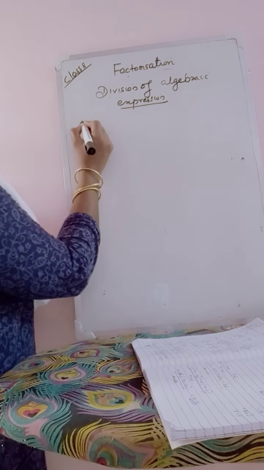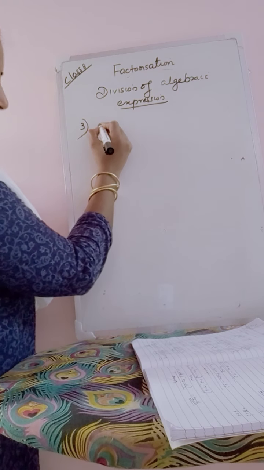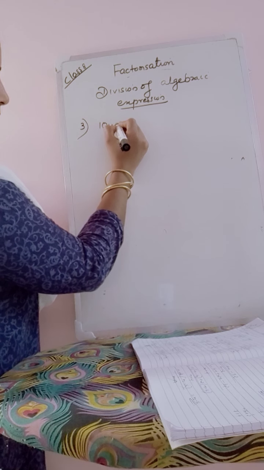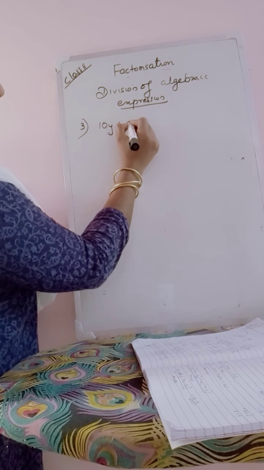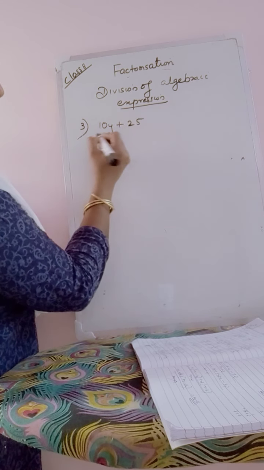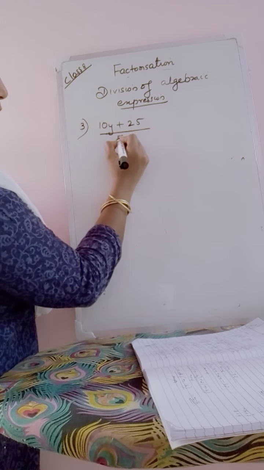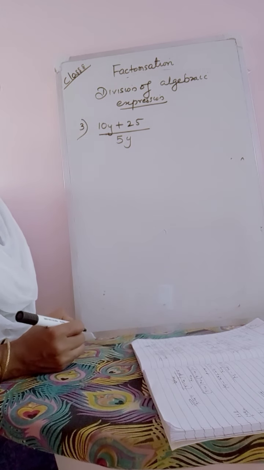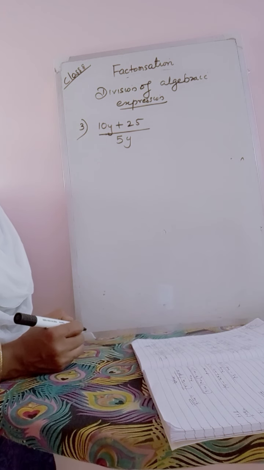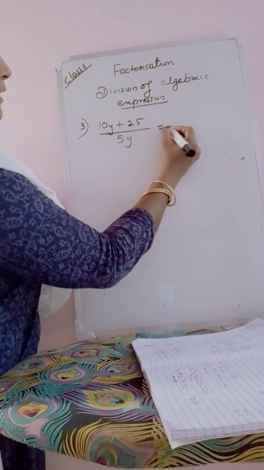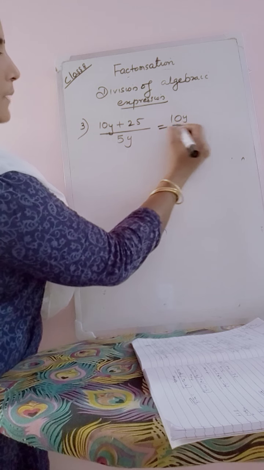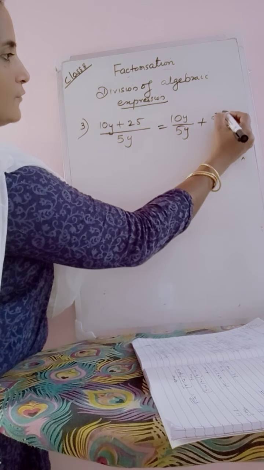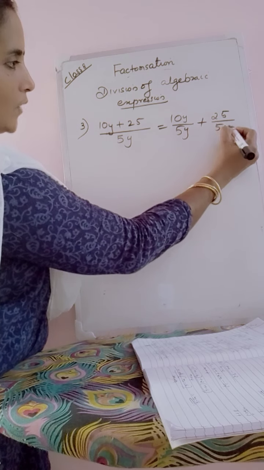Another question, question number 3. (10y + 25) divided by 5y. What we do? Here 10y by 5y plus 25 by 5y.